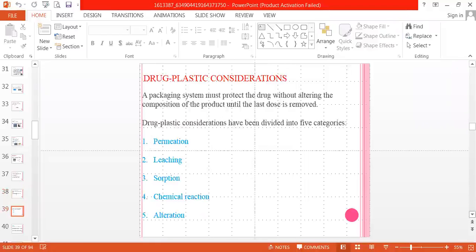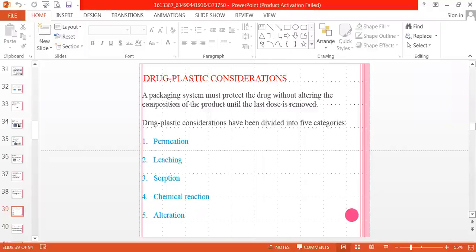Then drug plastic considerations. Generally, while choosing plastic as a container and for closure purposes, we should think about some particular considerations regarding drug and plastic reactions. There are generally five types of processes that may take place if you are using plastic as a container.